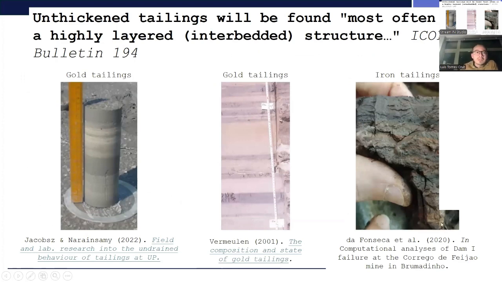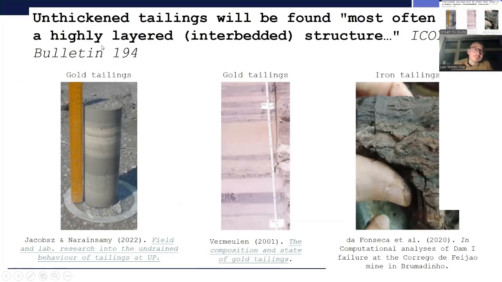Another aspect that complicates the characterization of the tailings is that unthickened tailings will be found most often in a highly interbedded structure. And we really mean highly here.